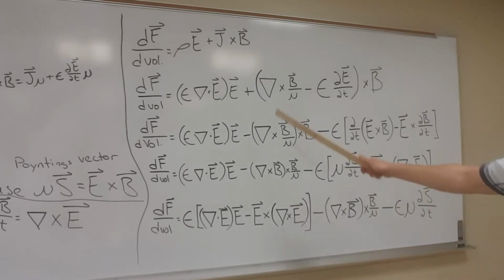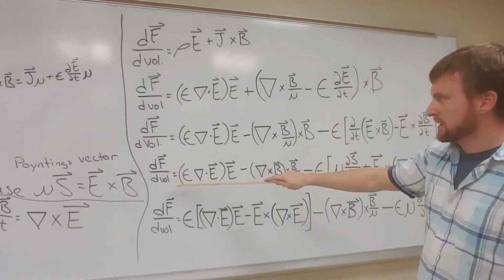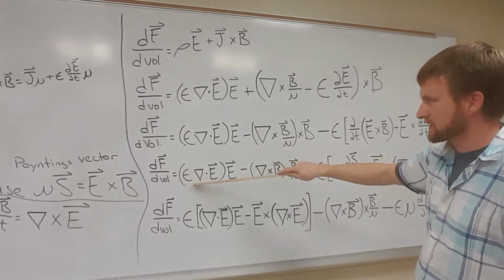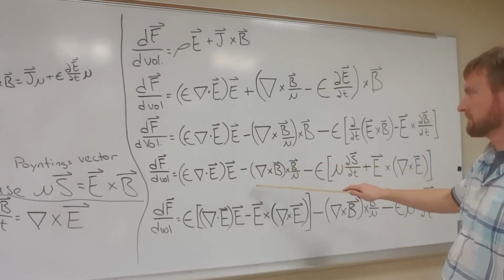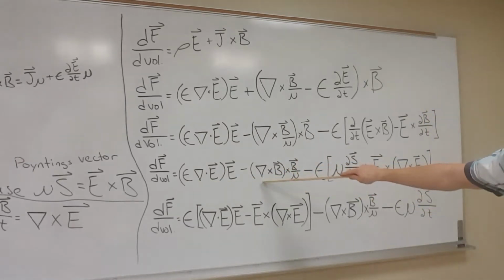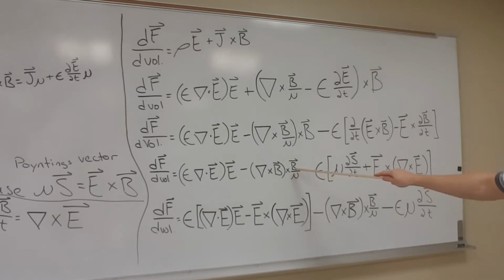So taking it another step down, we still have our Gauss's law times the E field minus our curl of B cross B. This time we took the permeability of free space out because it's just a constant. We can just take that out. Minus, now we still have the permittivity of free space times all this inside these brackets.